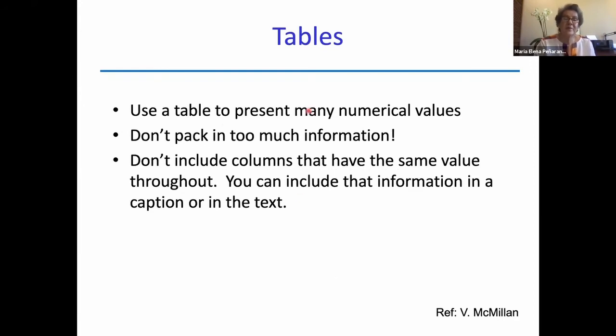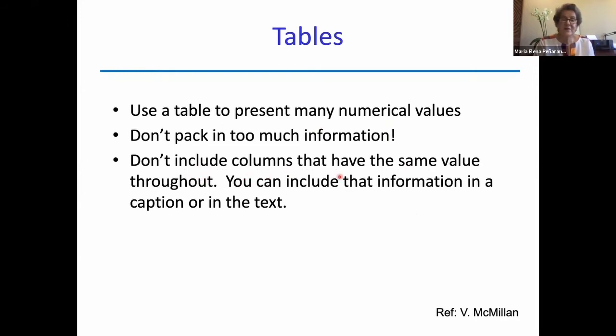When to use a table. Use a table when you have a lot of numerical values, but try not to pack too much information in the table, like I was saying, and don't include columns that have the same value throughout. If you studied different organisms and they all show the same, you don't have to have a table for that.